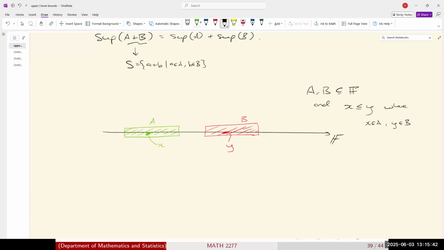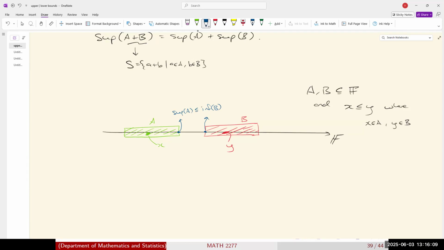What this result is saying is that the supremum of A, which lives here, is less than or equal to the infimum of B, which lives here. Now that I drew the picture, you see an idea of why this should be true, but you have to sit and try to prove this.